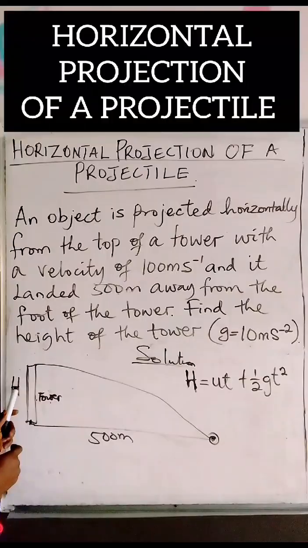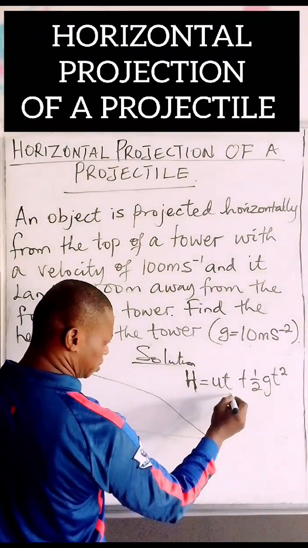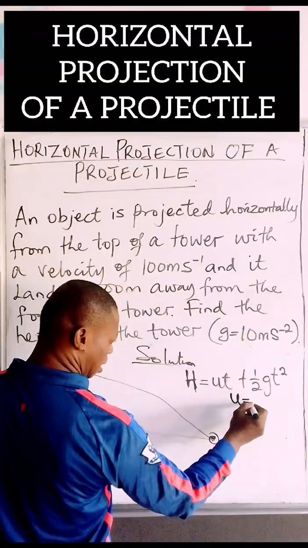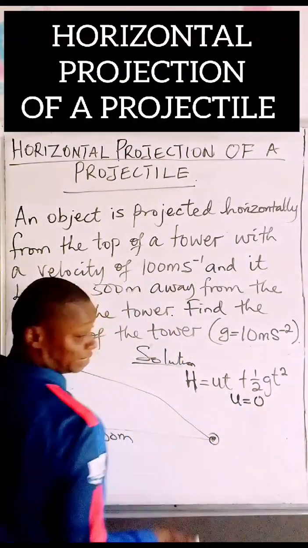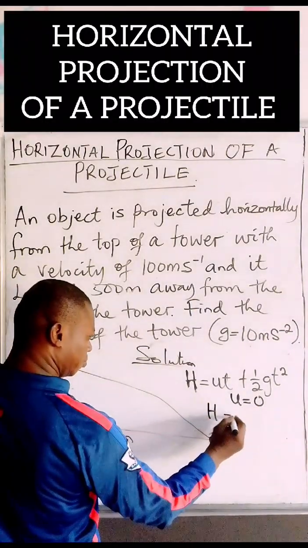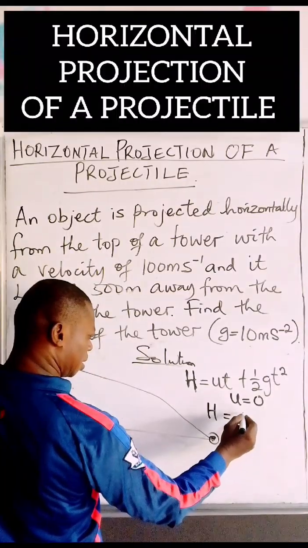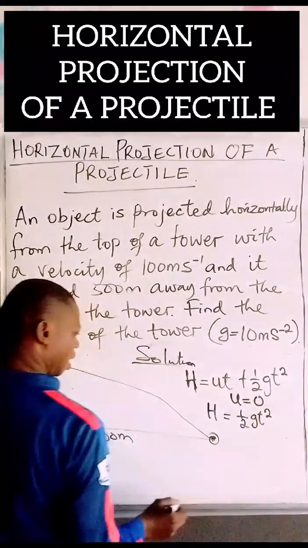Since it's projected from the top of the tower, the body falls with an initial velocity which is independent of the initial velocity of this one. So our u is going to be 0. If u equals 0, our h will now become half gt squared.